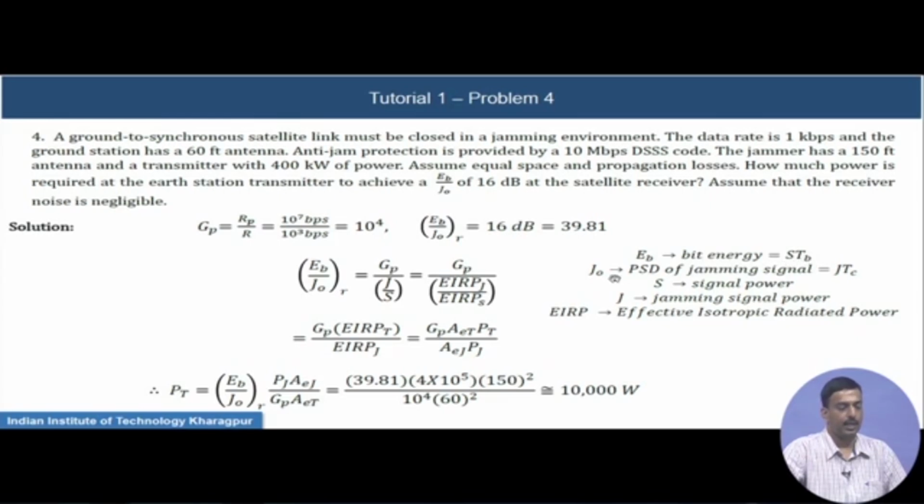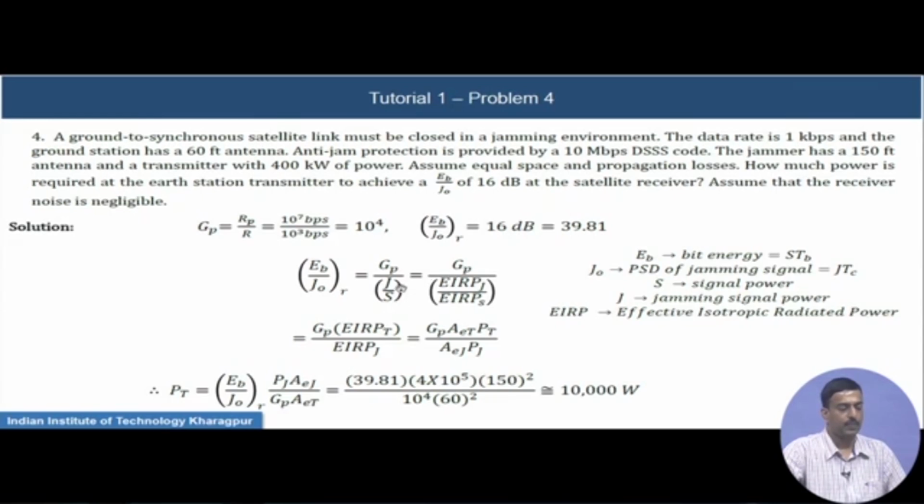Again, J0, which is the PSD of the jamming signal, is the jamming power multiplied by the chip duration, and we see that if we multiply these two quantities, what we end up getting is Tb/Tc. Just substitute these values over here and you will see that Gp is Tb/Tc, which is exactly the definition of the processing gain. So basically this formulation makes sense.